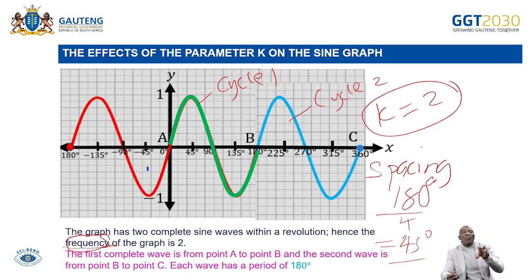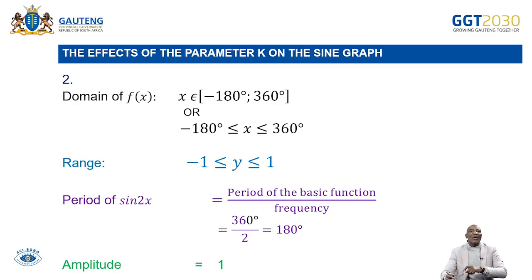And what will be my new period, because it's no longer spanning across 360 degrees. It's now spanning across 180 degrees. Hence, 360 degrees divided by 2 will bring me down to a period of 180 degrees.